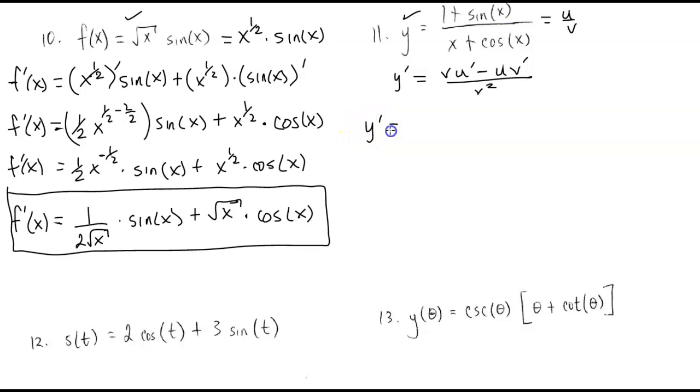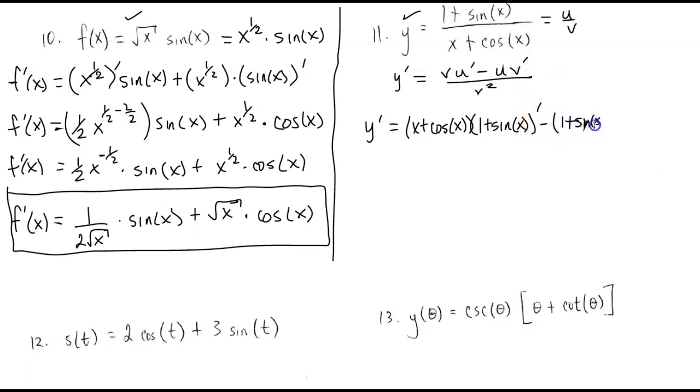So here we take the derivative and we get some separation here. So the derivative of the low function times derivative of the high function minus high function times derivative of the low function.